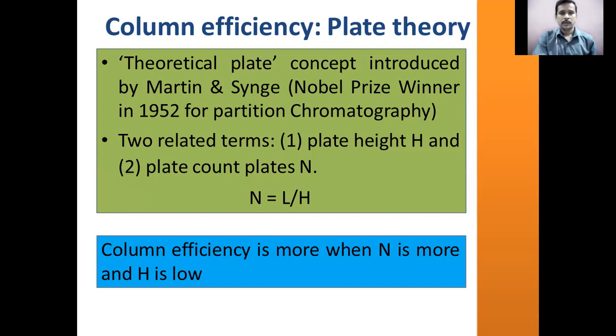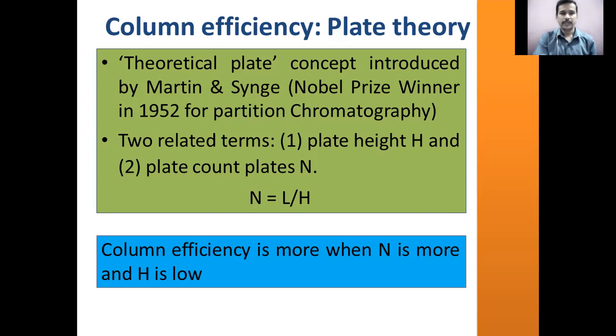Okay. This theoretical plate concept was introduced by Martin and Synge in 1952. They won the Nobel Prize for proposing this partition chromatography. While they were working on partition chromatography, they came across this theoretical plate concept.